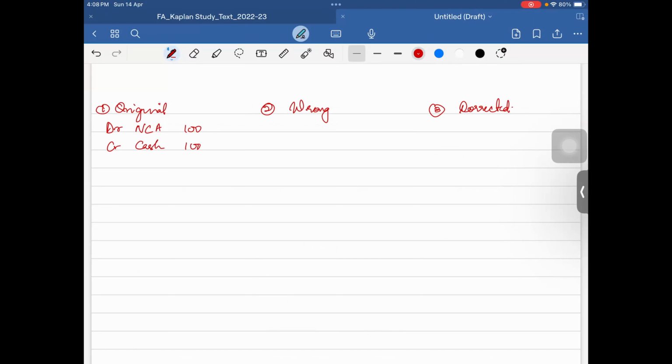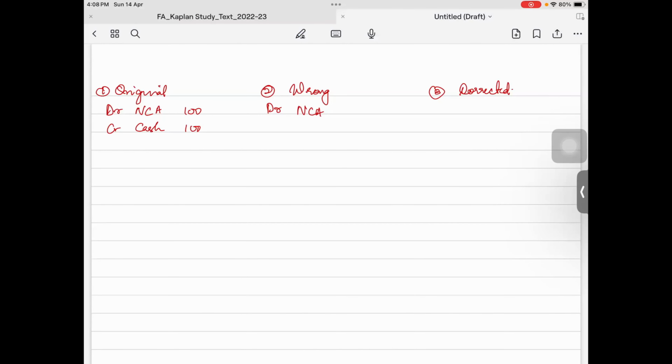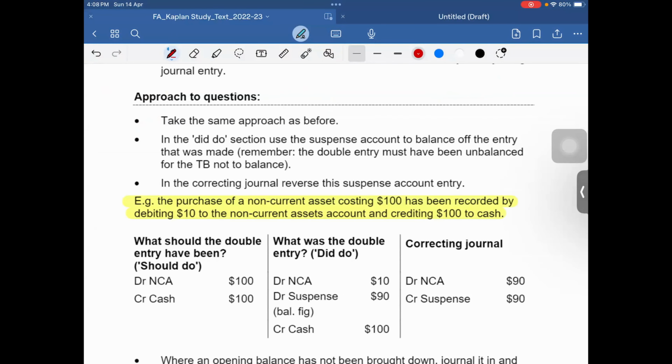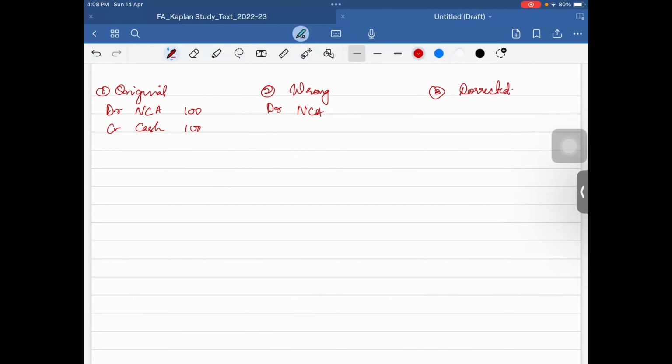But how did they record it? They debited only 10 to non-current asset and credited cash 100.